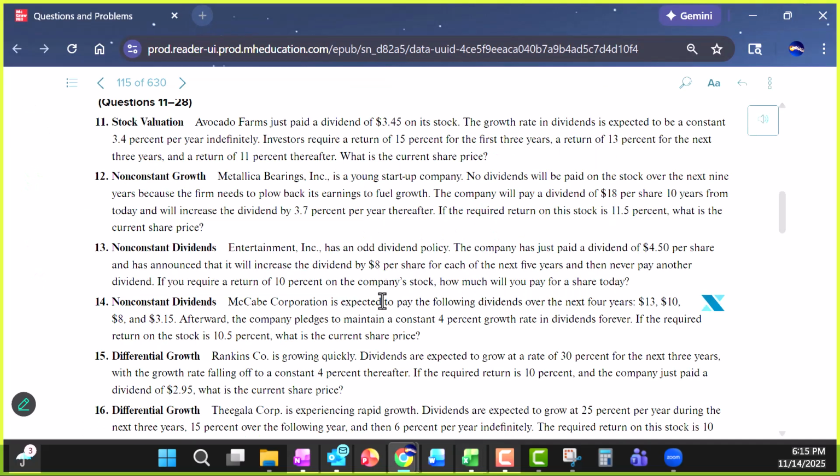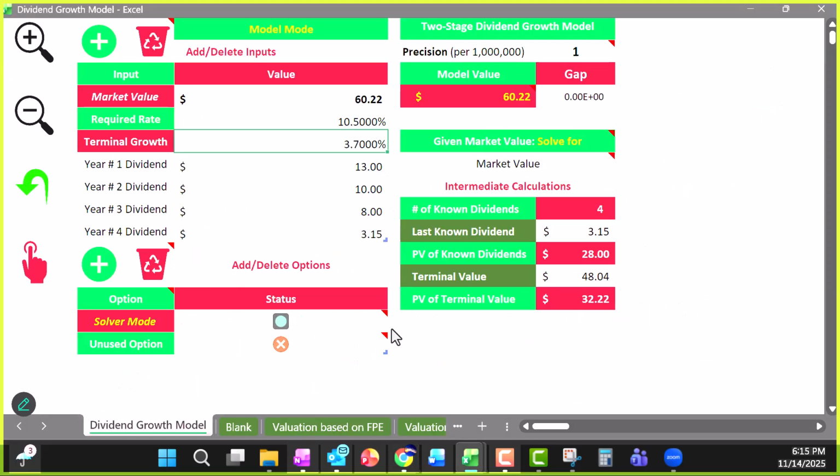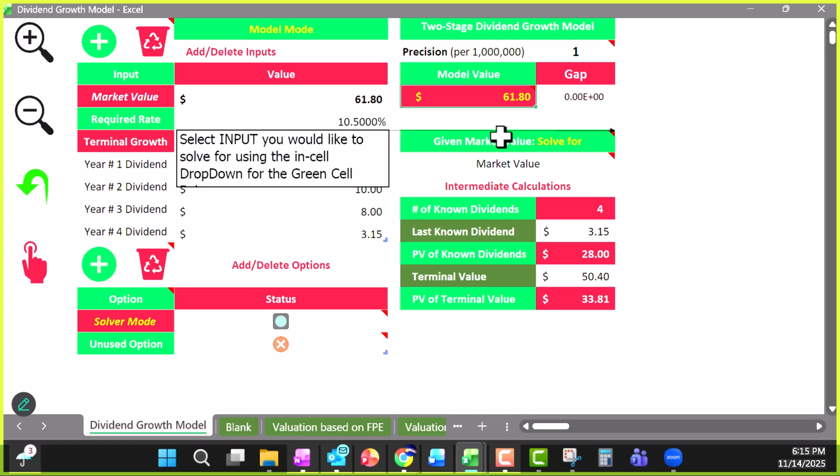And what's the growth rate? 4. Just read the value from there. Okay. Or for this template, you can also read off the market value.